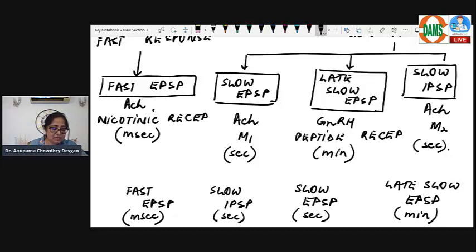So the order is fast EPSP, slow IPSP, slow EPSP, and then late slow EPSP.